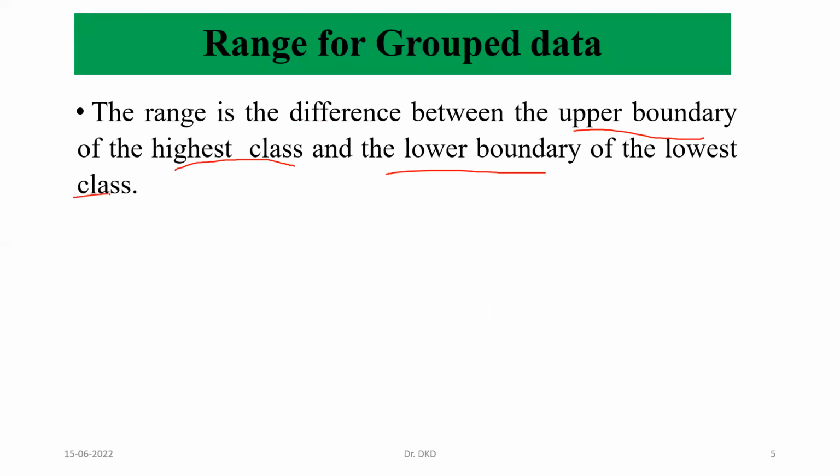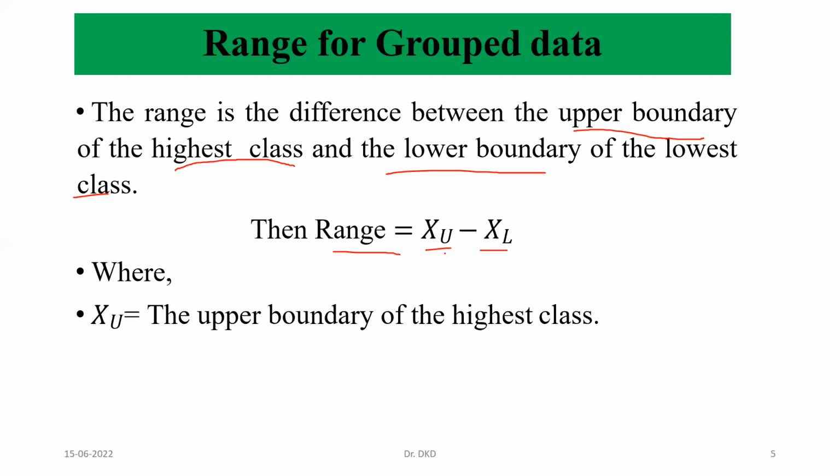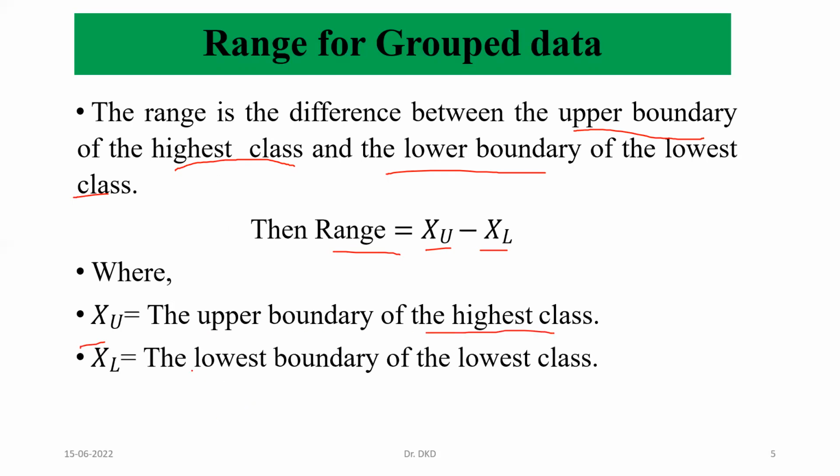So this is the formula for a grouped data set: upper minus lower, where XU means the upper boundary of the highest class, and XL means the lower boundary of the lowest class. This is the basic information. Once we have grouped data, we need to apply this formula and find the calculation.